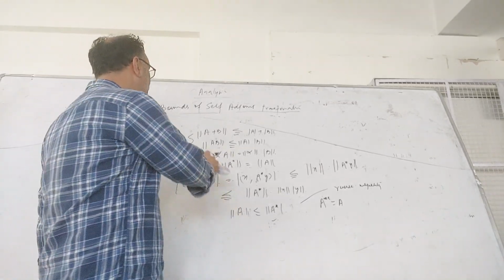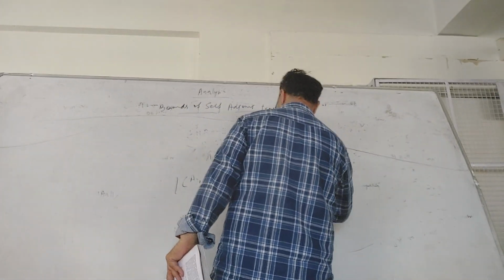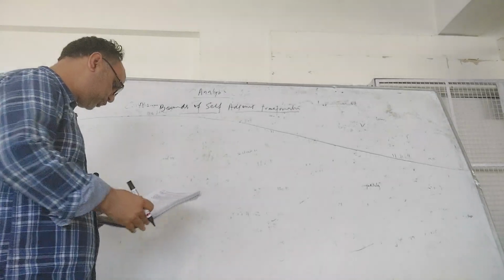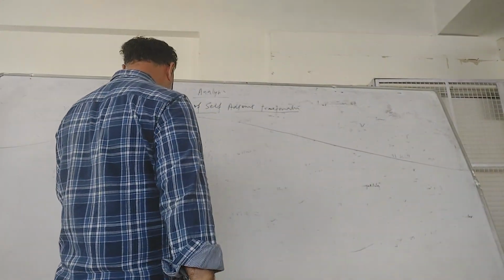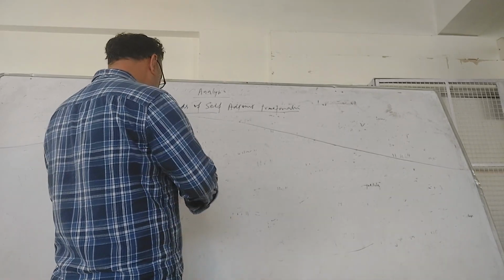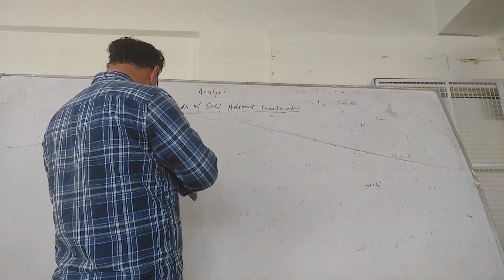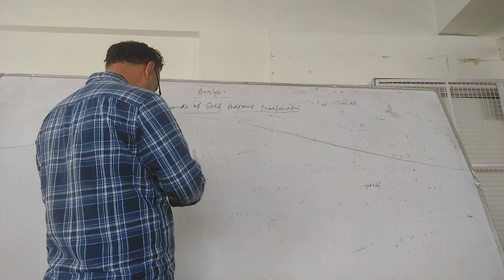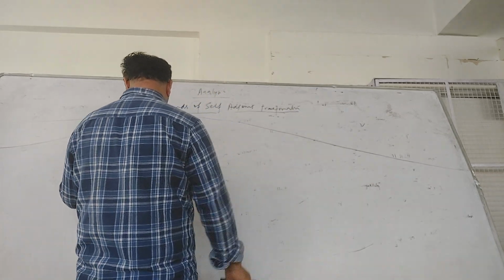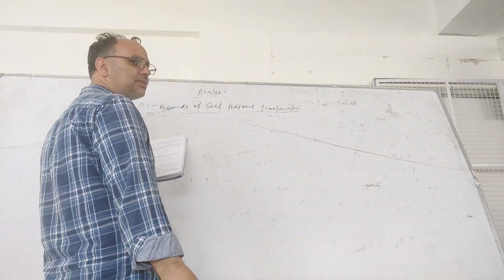So what can be the bounds of those self-adjoint transformations, within which those sequences should exist? So if you follow the book, we'll take a special case of transformation rather than just the general one. We can always go for the special, then go for the general.